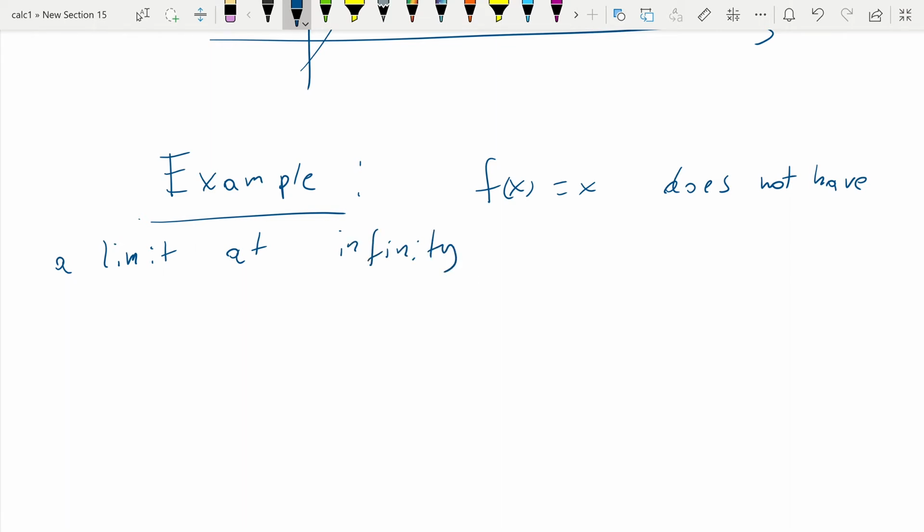As x goes to infinity, f of x, which is equal to x, goes to infinity as well. So there's no number L such that f of x approaches that number. So not all functions have a limit at infinity.